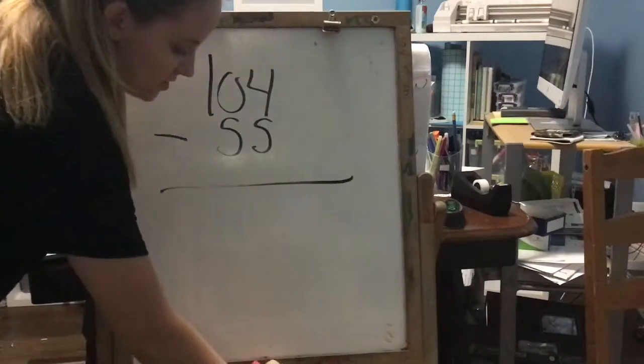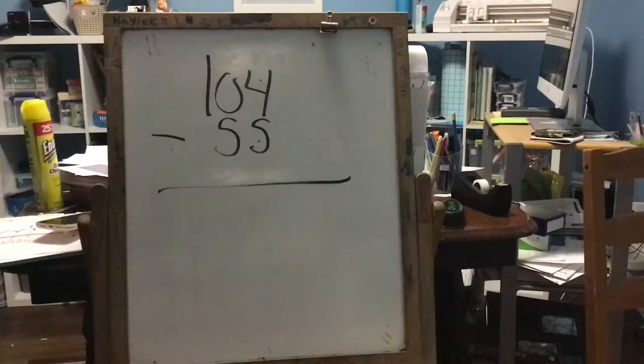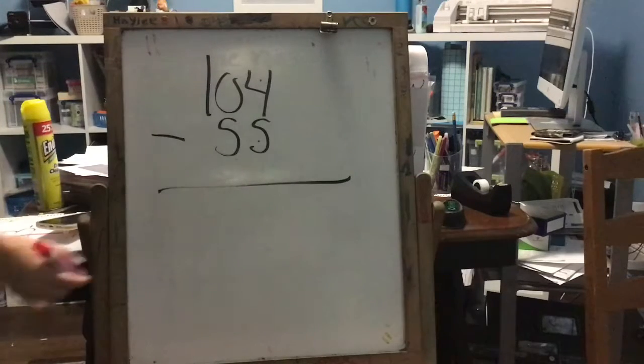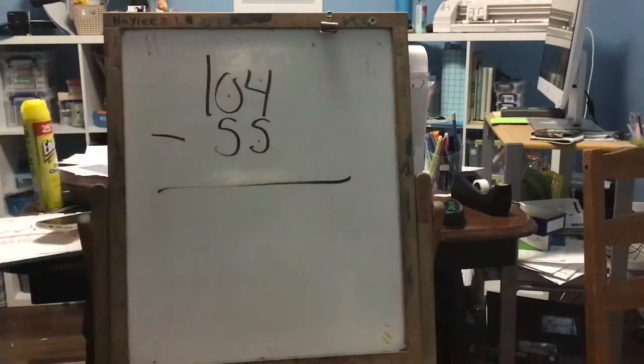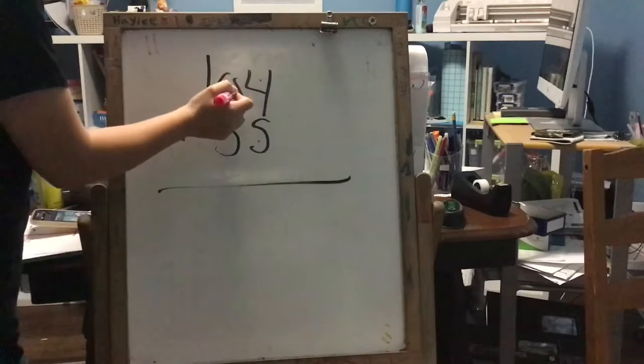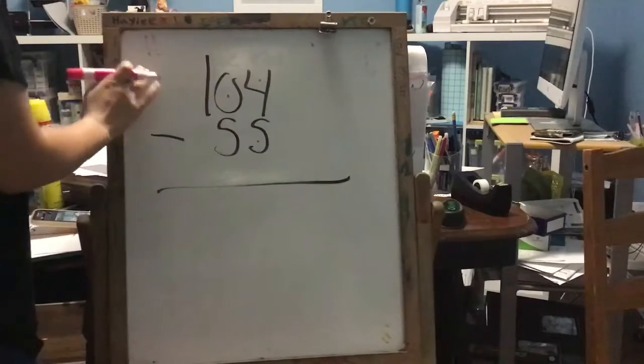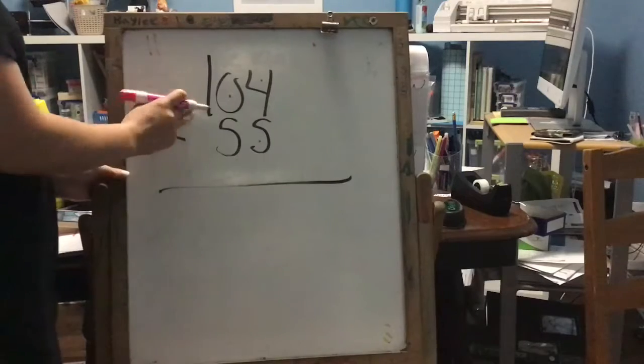So as you can tell, you can't take away 4 from 5 or we're going to have a negative number. So the first thing we need to do is borrow from our 0. Well, he has 0 things in the 10 spot, so we can't take anything from 0 either. So we're going to have to go to our next neighbor and ask him if we can borrow something.